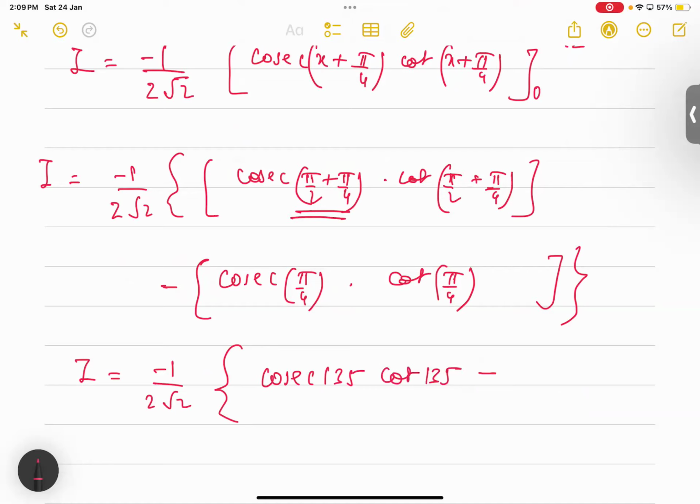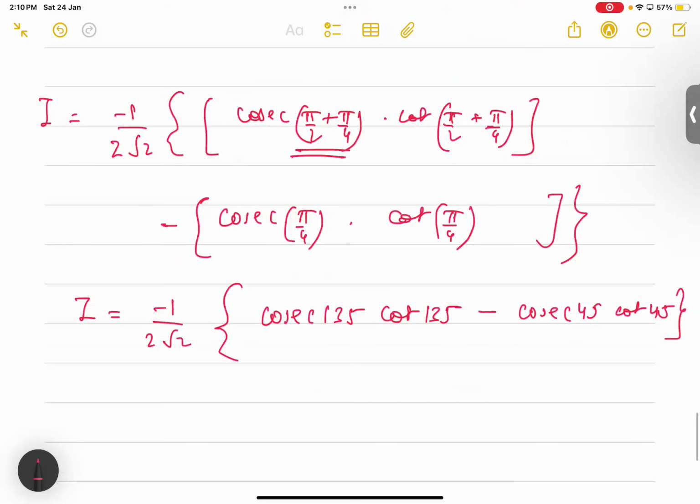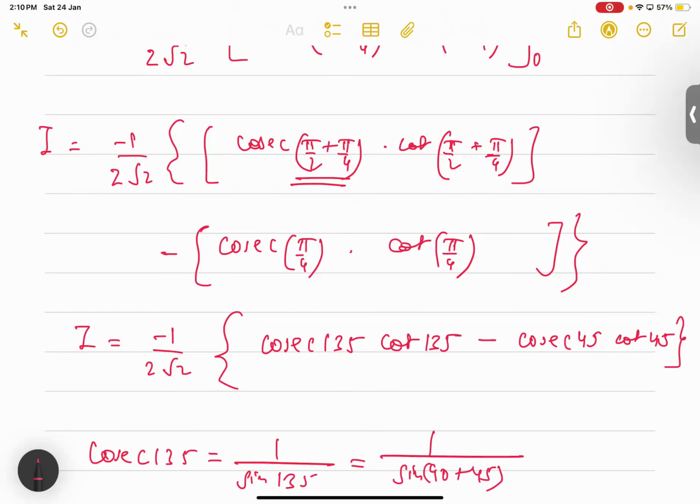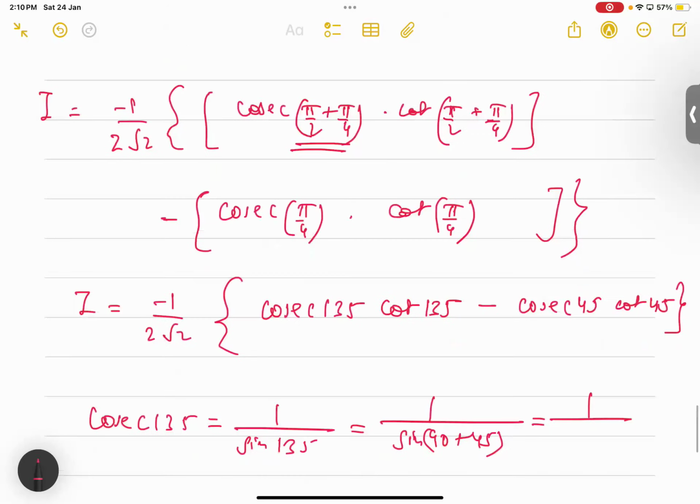And what is 3 pi by 4? 135. Clear? Cosec 45, cot 45. Are you understanding this? Yes or no? Now cosec 135 is equal to 1 upon sin 135. Sin of 90 plus 45. What is sin 90 plus 45?